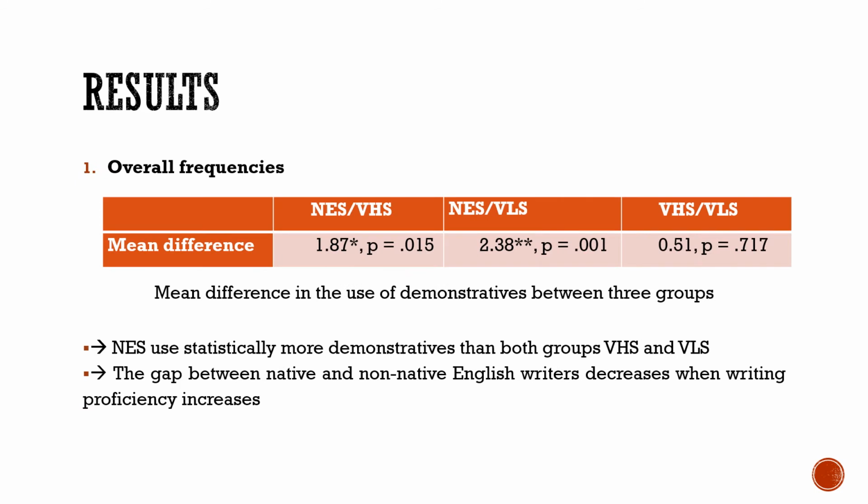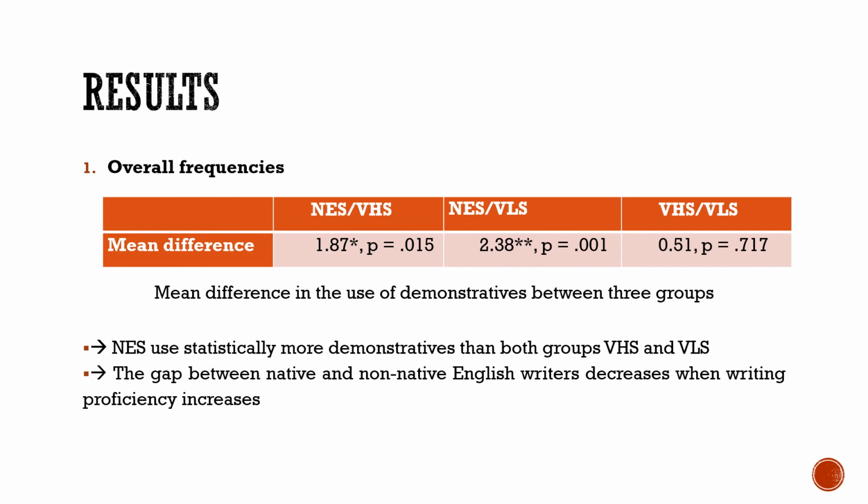Okay, here come the results of the study. First, regarding overall frequencies, as you can see from the table, the table shows the mean difference in the use of demonstratives between three groups. If you look at the difference between Vietnamese high score and Vietnamese low score, there isn't much difference. But when you look at the difference between native English speakers and the Vietnamese high score group, it has some difference, very clear.